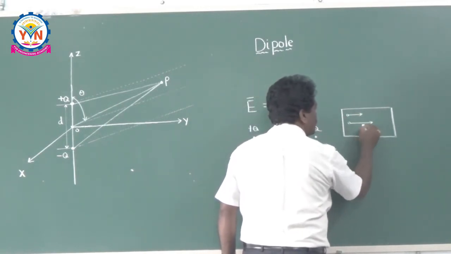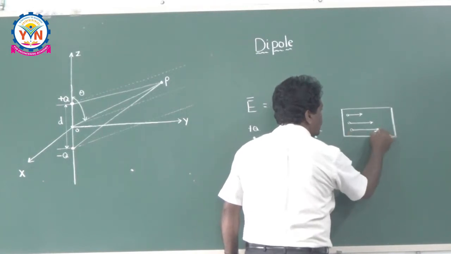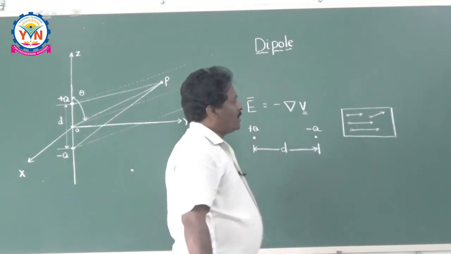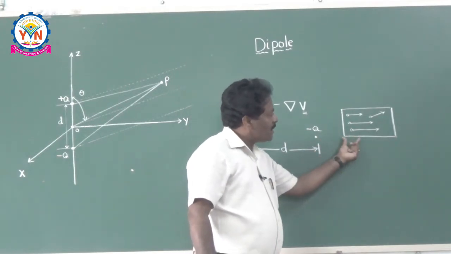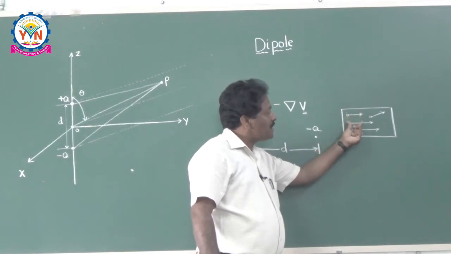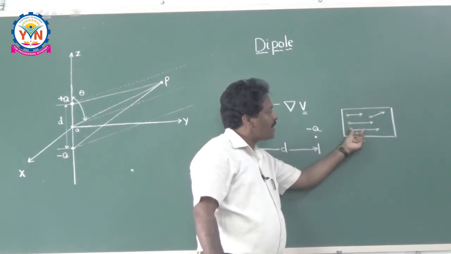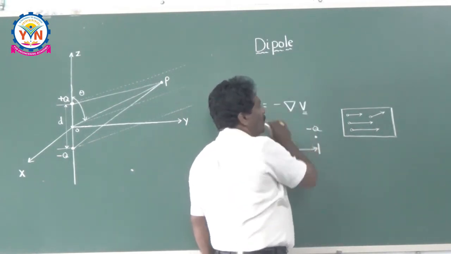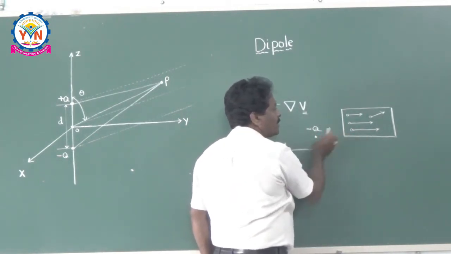Some dipoles may be short, some may be lengthy, some may be in any direction. Now I am clearly giving the concept of your dipole here. So if you know about dipoles, you can understand the behavior of the dielectric material.